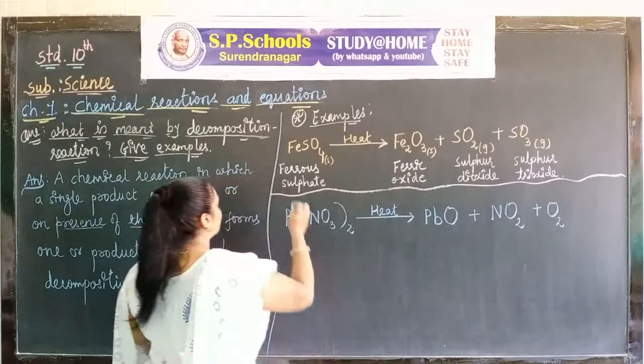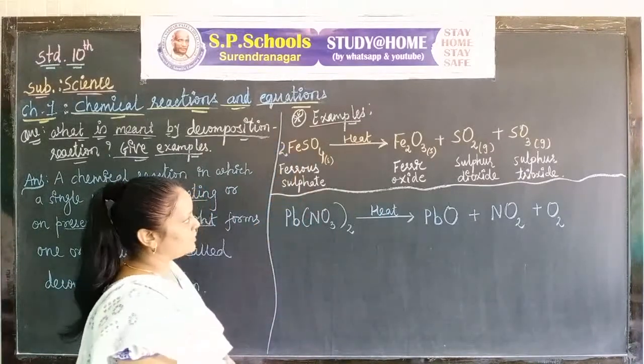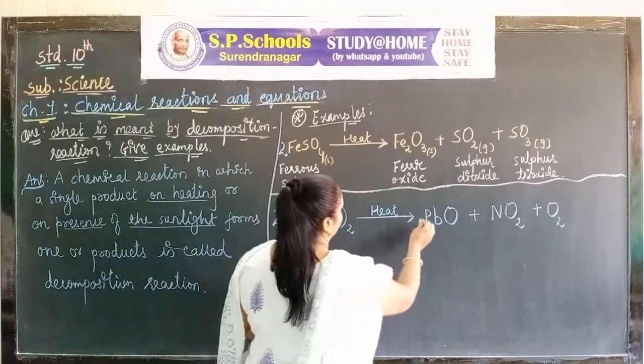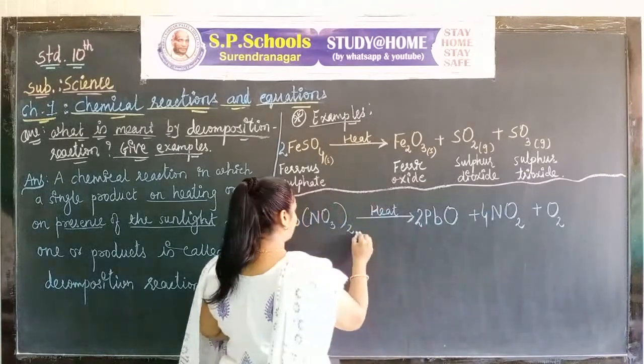Here we put 2 before lead nitrate to balance the equation, and 4 before NO2.